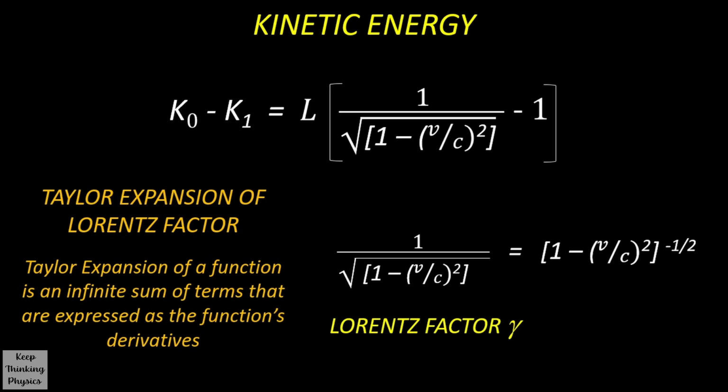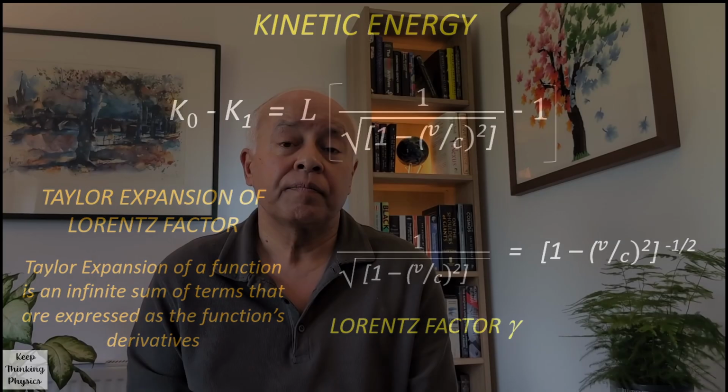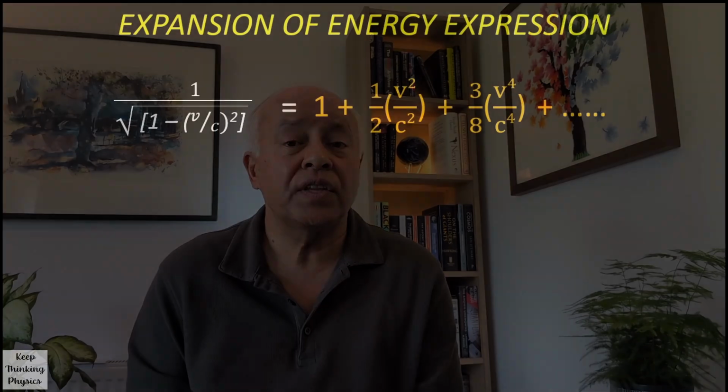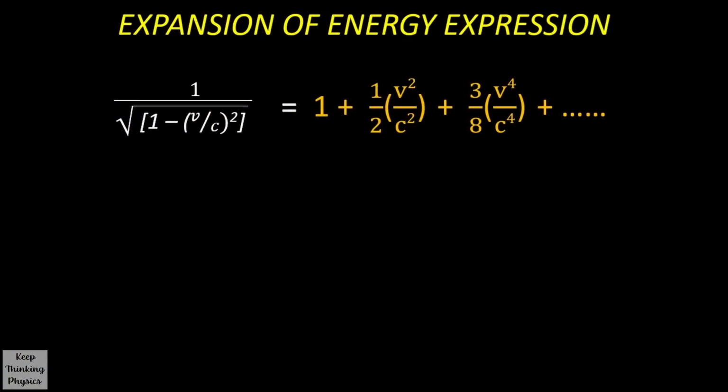We will, however, show the steps so it's clear what Einstein was doing. The Taylor expansion of the Lorentz factor gives us this polynomial expression in terms of powers of v upon c. This expression keeps going with higher and higher powers of v upon c, but we are only showing the first three terms here.